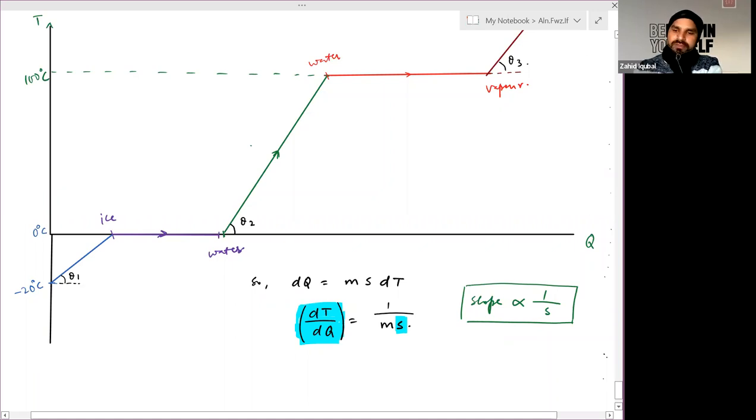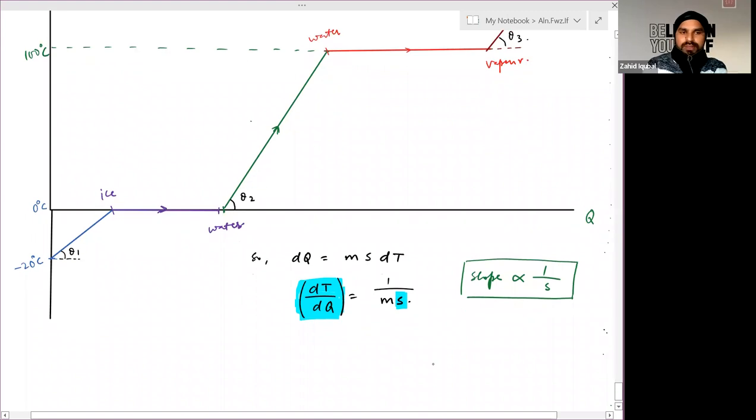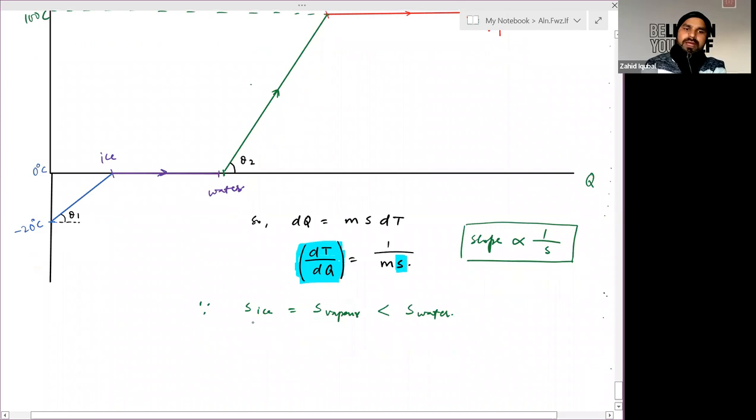Now, according to the above term, for the values of specific heat for these different substances, the specific heat of ice is equal to the specific heat of vapor and smaller than the specific heat capacity of water. The specific heat capacity of water is 1 calorie per gram per Kelvin, and for ice and vapor, it is 0.5 calorie per gram per Kelvin.